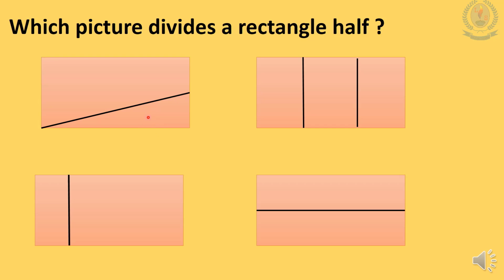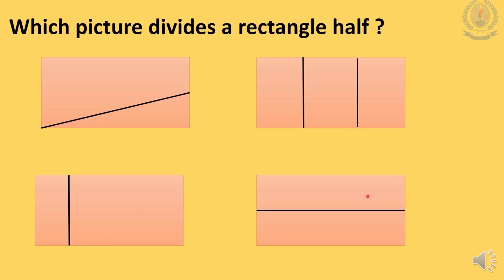So this is not divided in half. Now look at this. This is also the same. There are 3 parts, right? And here also like that. Not equal in same size and same shape.